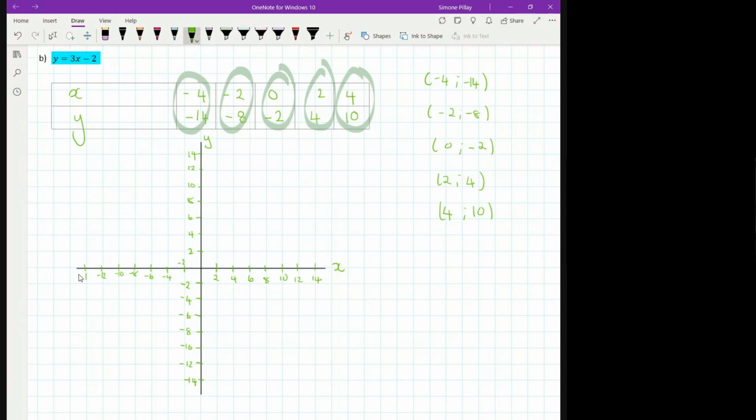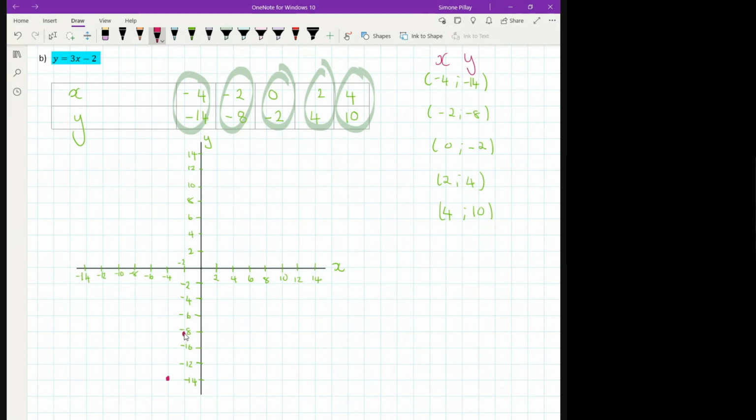Are you okay? Do you understand why I've numbered this the way I've numbered it? Yes, ma'am, I do understand. Okay, cool. Now I'm going to draw in my points. I'm going to go negative 4 on my x-axis because always x first and then y. So negative 4 and then down to negative 14. That's my first point. Then we have negative 2 on my x-axis, and now I'm going down to negative 8.